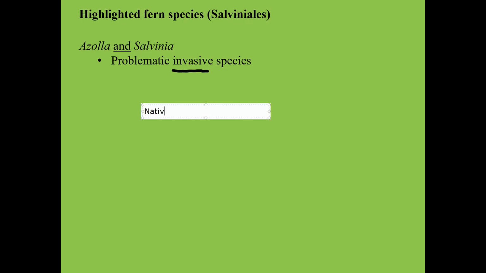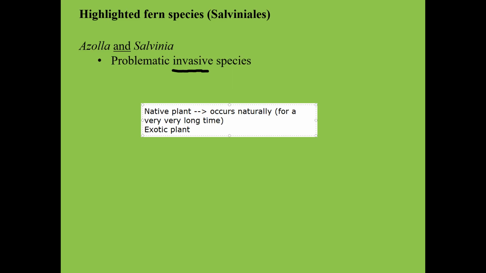So you might have heard the term native plant and exotic plant. Native plant, and we can talk more about what that means later, but native plant means different things depending on which country you're talking about. But native plant generally means the plant that occurs naturally, but for a very, very long time, over time, right?